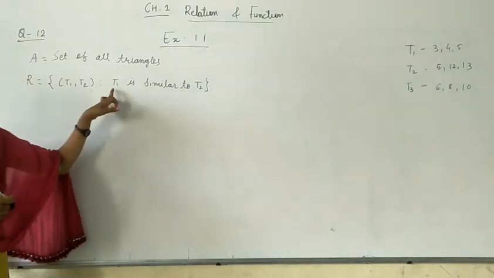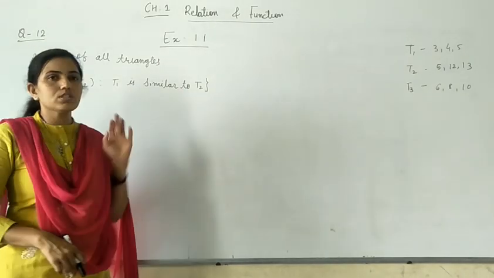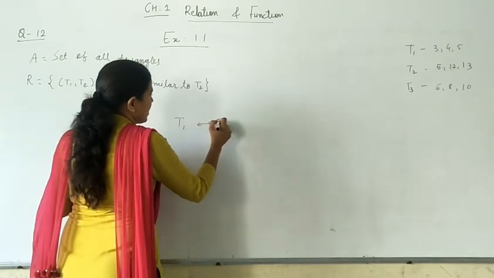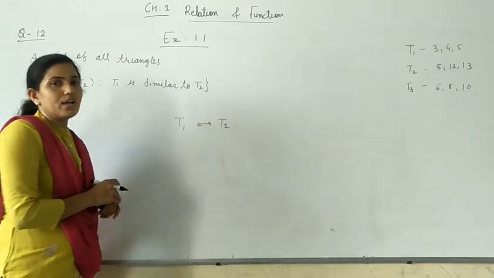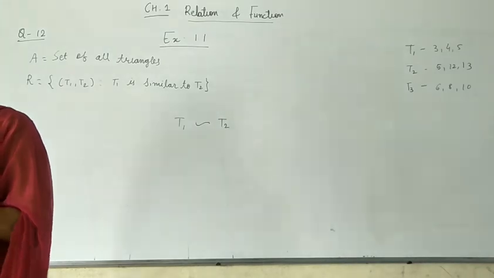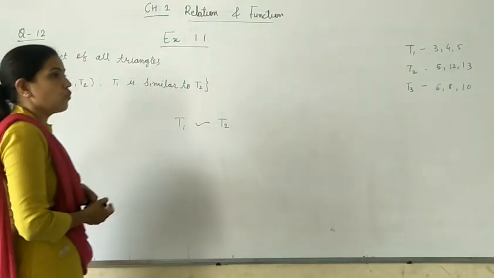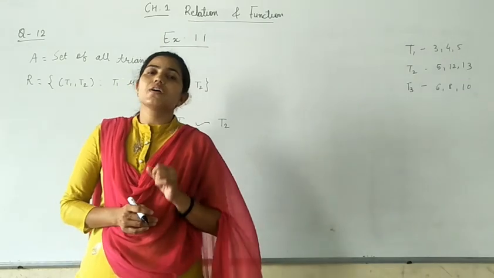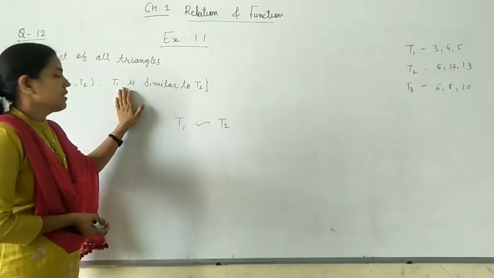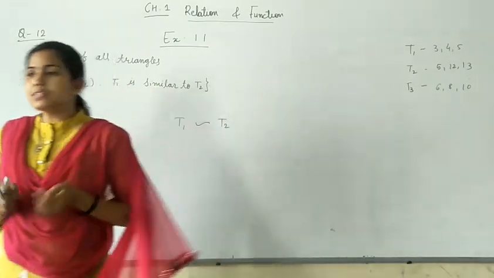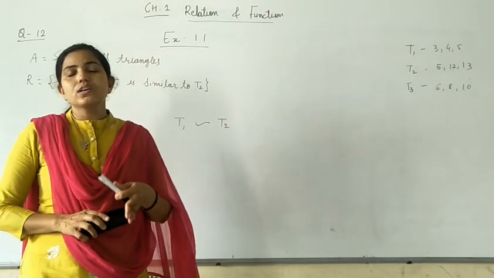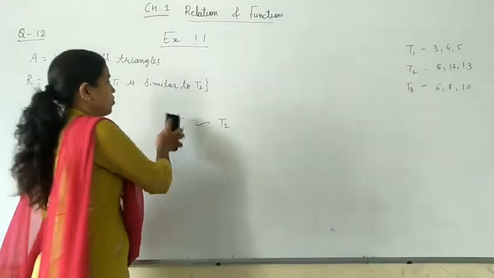Before this, recall the condition of similarity of triangles. When can we say that two triangles T1 and T2 are similar to each other? We use the symbol of similarity. We can say so if the ratio of their sides is equal and the corresponding angles are equal.